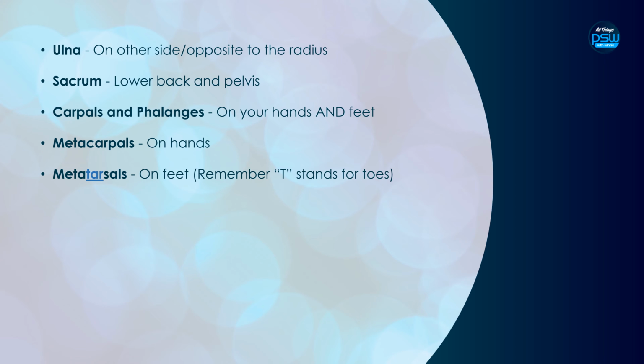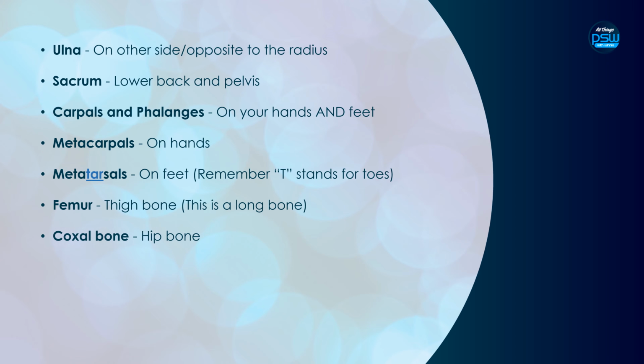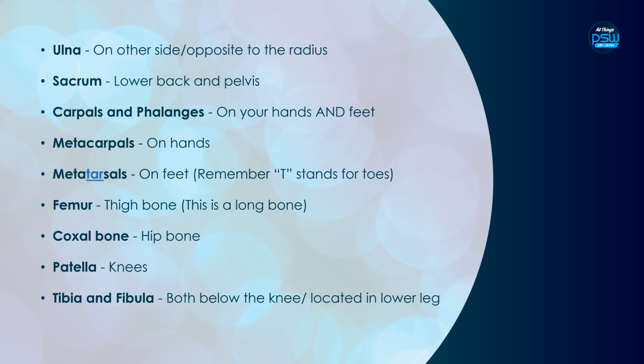Hopefully it'll help you remember in case it comes up in your exam. The femur is the long bone that's in the thigh. The coxal bone is the hip bone. The patella are the knees, which I know a student got asked. And finally, the tibia and fibula are below the knee or located in the lower leg.